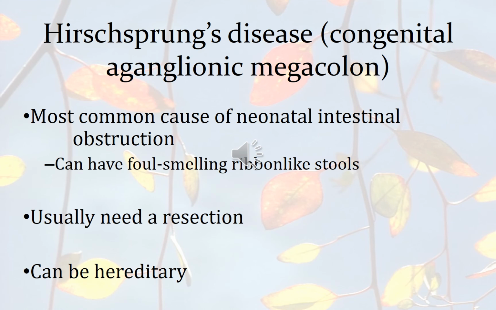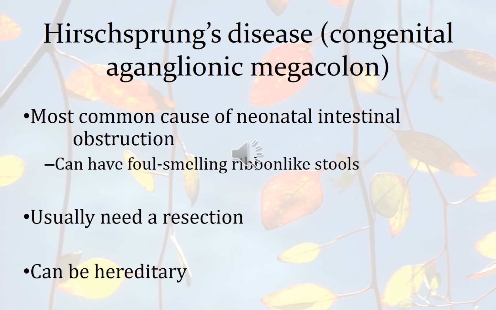So Hirschsprung's disease, or congenital aganglionic megacolon, is the absence of autonomic parasympathetic ganglion cells in the distal portion of the colon, and thus the nerves at the end of the large colon are missing. So basically, it's characterized as constipation in newborns because they can't push their poop out because there are no nerve endings there.